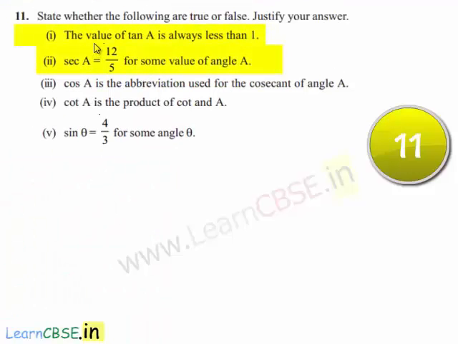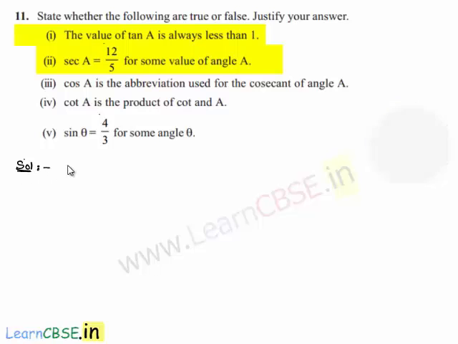Moving on to the 11th problem. State whether the following are true or false and justify your answer. Moving on to the solution. Let us consider the first bit. He has given that the value of tan A is always less than 1.